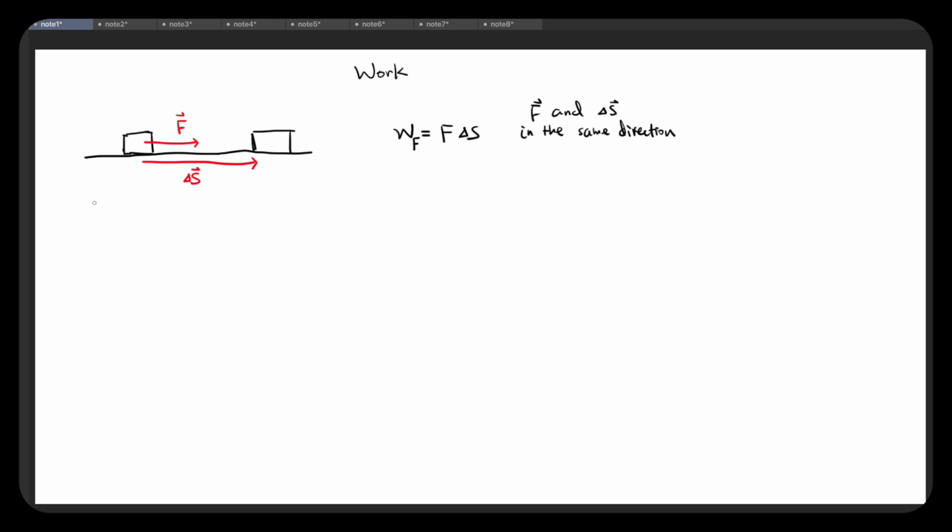Now what happens in a similar situation like this one, if I have a force acting on the same object, and the object again moves some displacement along this direction. However, the force is this way, and the displacement is this way.